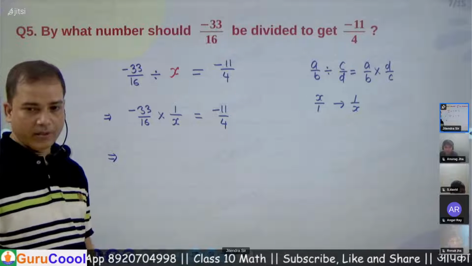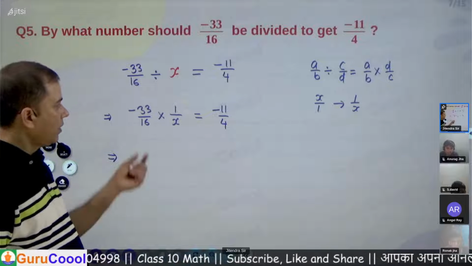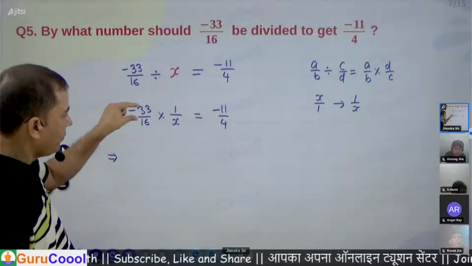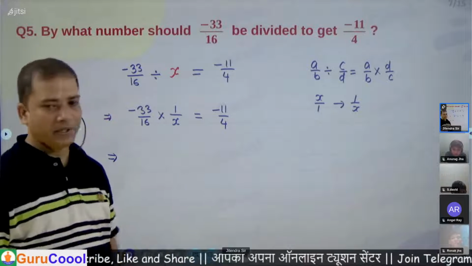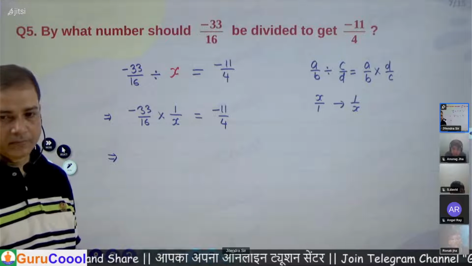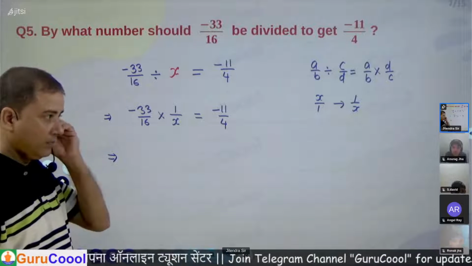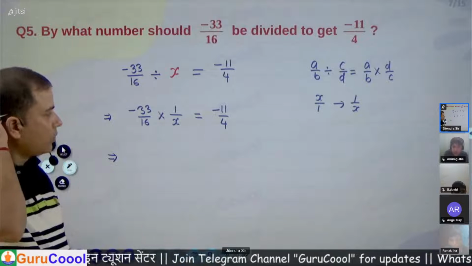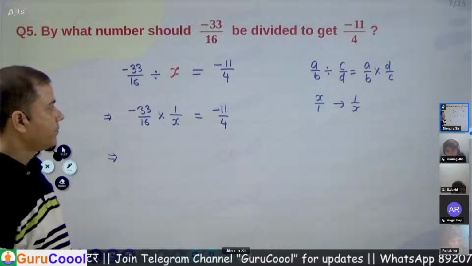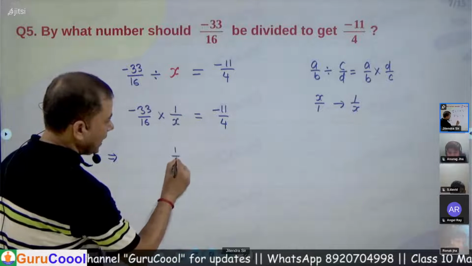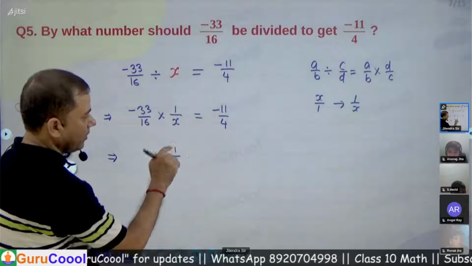Let us do one thing. Minus 33 by 16 is in multiplication. If we take it to the other side, what will happen? It will become a division. Hmm? Yes, sir, it will go to division. So let's write 1 by x as it is, no change in 1 by x.